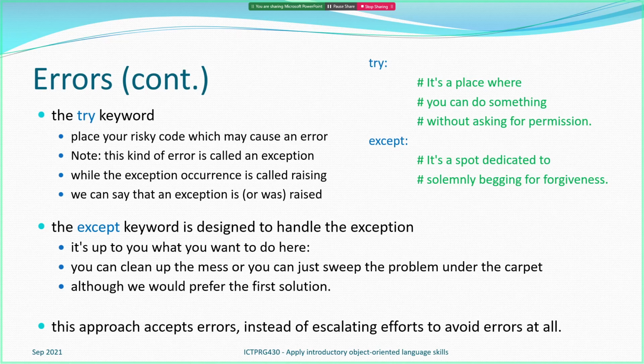So basically think of it as we're going to do something a little dodgy, going to put it under the try, so we're going to try this code. The except keyword is the exception. So we want to clean that up, apologize, give an alternative.